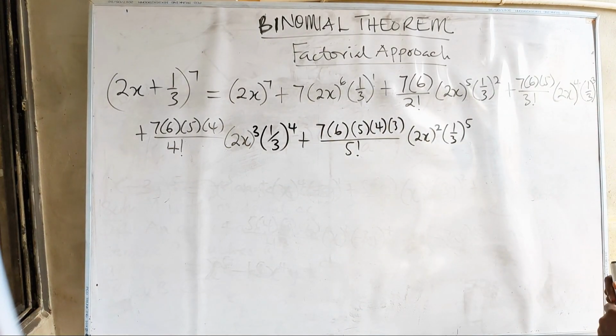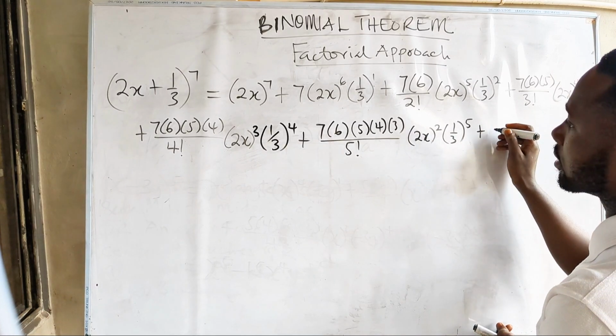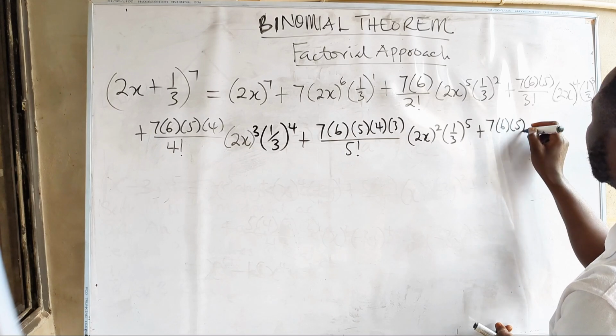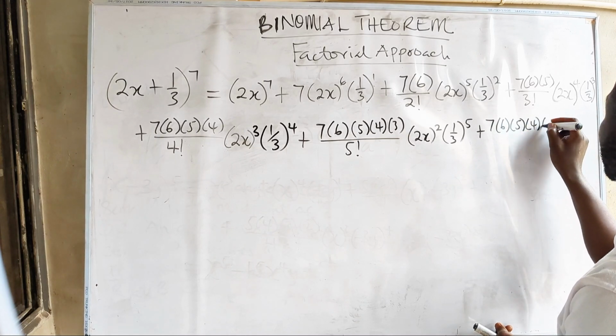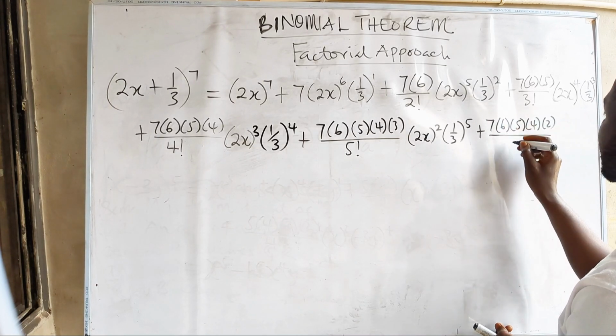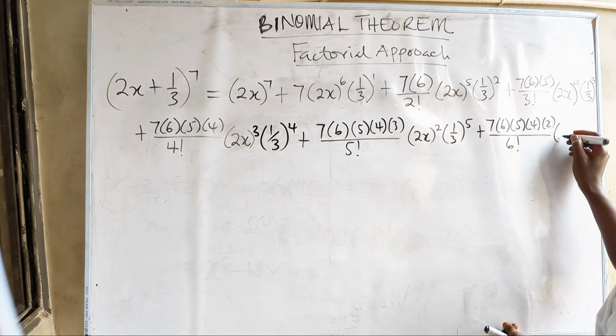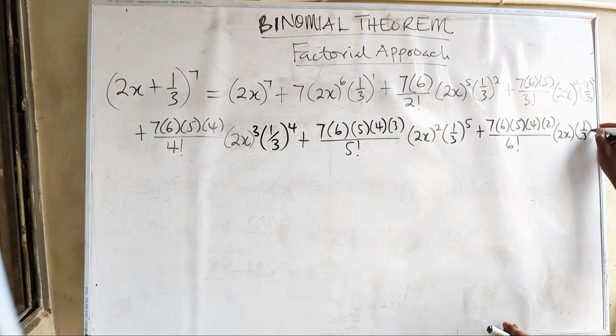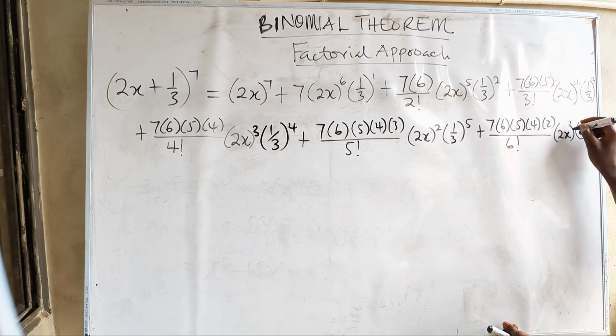Okay, we are still not done. Plus 7 by 6 by 5 by 4 by 3 by 2 all divided by 6 factorial, 2s exponent 1, 1 over 3 exponent 6.